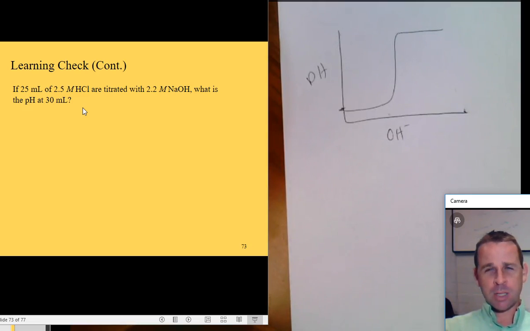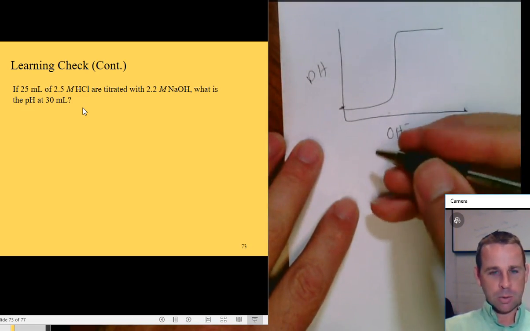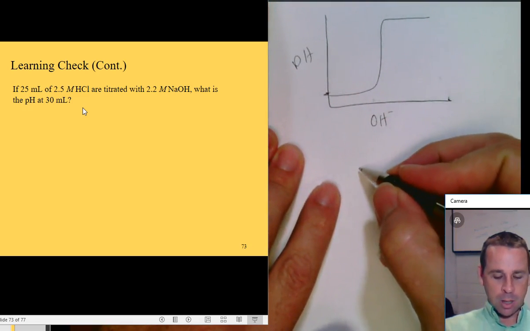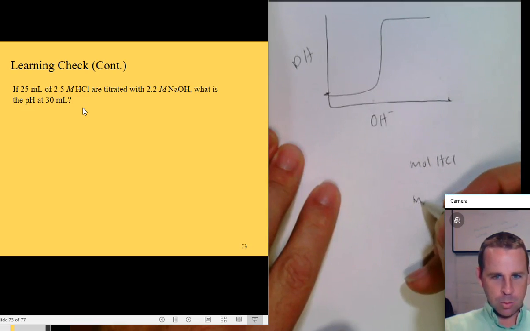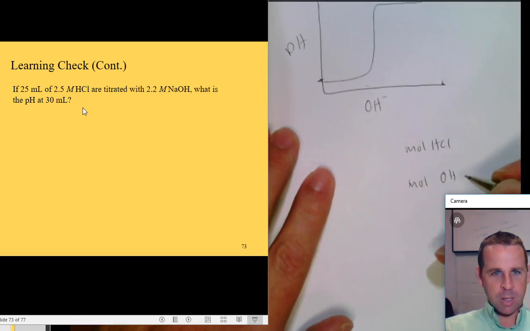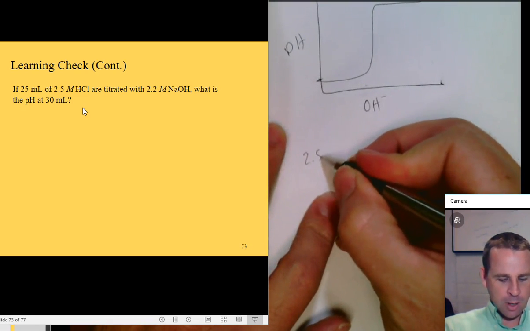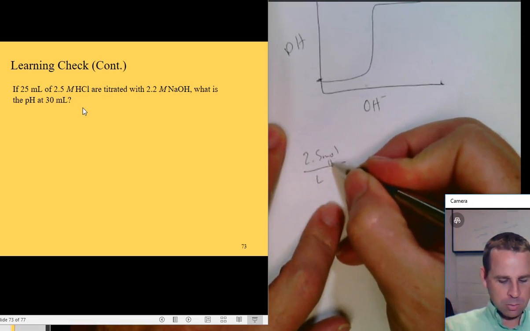Now let's do this one because there's one little thing, well, in all of these there's one little thing that you have to remember. So this is a review, we already did this one, but we'll just look at it again. A reminder, we wanted to know the moles of HCl and the moles of the hydroxide ion that we added, right? To find the moles of the HCl, we had 2.5 moles per liter solution, right?